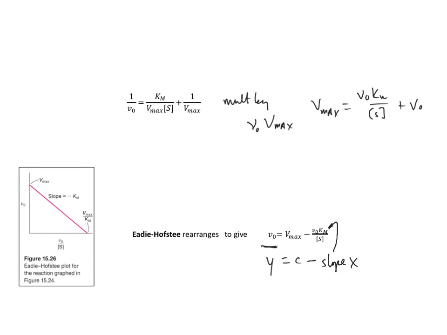The slope is minus the Michaelis constant, and the x is the rate over the concentration. You could have fun with these in your homework.